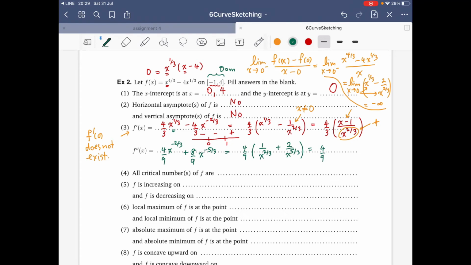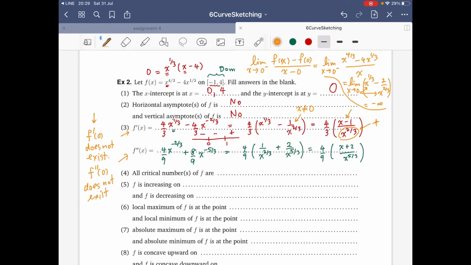We have 4/9, and then you multiply by x raised to the power 3/3, so you have x plus 2 over x raised to the power 5/3. So again, your f double prime will also not exist, because f prime does not exist already.